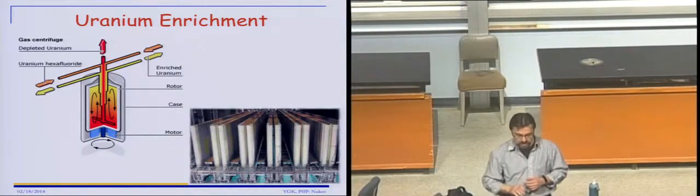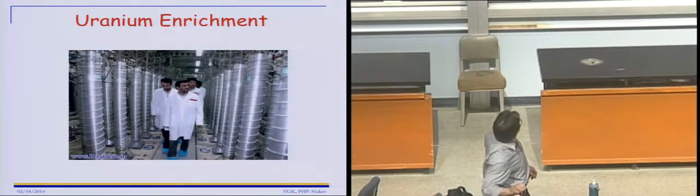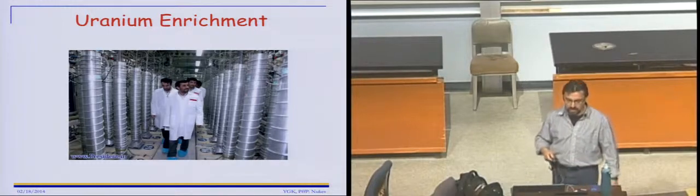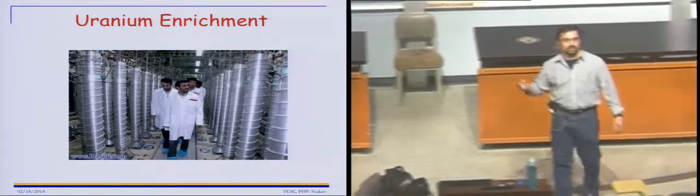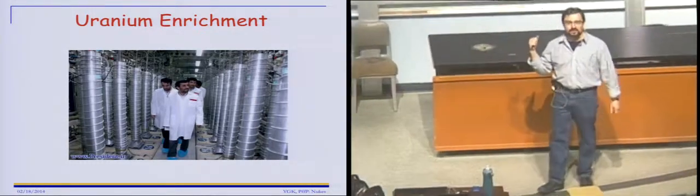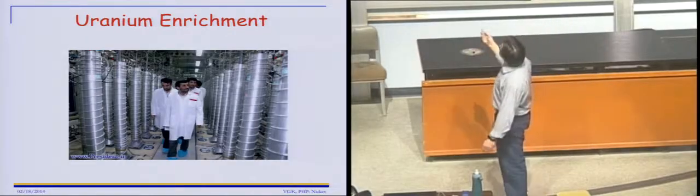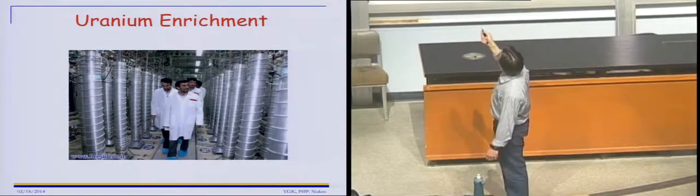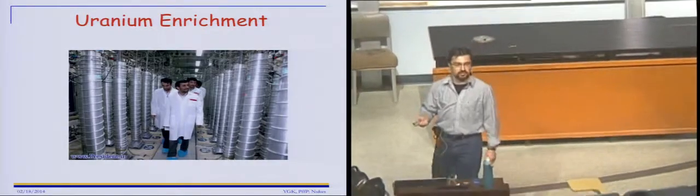On the other hand, they have these plans. I've showed you this photograph before. This is Mahmoud Ahmadinejad, who used to be the president of Iran until last year. This is him, a nice-looking gentleman, touring the Iranian nuclear enrichment facility.